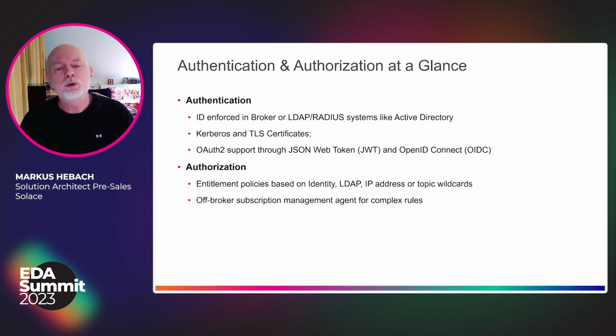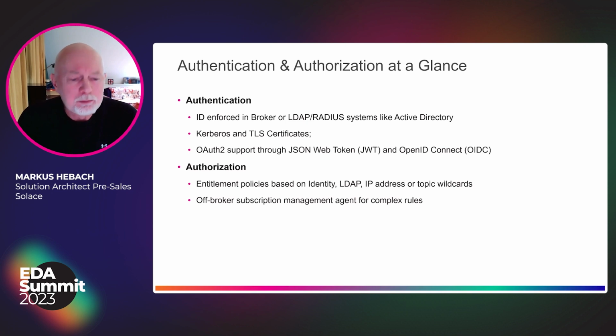Kerberos is used in Unix systems, while TLS certificates are widely used in different systems, and very often in IoT scenarios. And then the other one is OAuth 2. So you can use JSON Web Tokens and OpenID Connect tokens in order to authenticate against the broker. And this alone covers, I think, say 95% of the modern technologies available today.